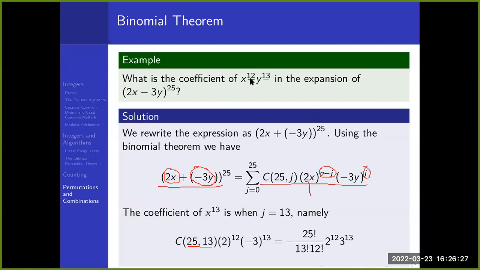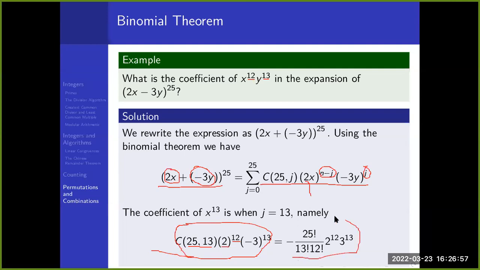Yeah, x is raised to 12, right? So it is 2 raised to 12, because this will be 25 minus 13, that will be 12, and then multiplied by the other coefficient, minus 3 raised to 13, because j is 13. So this gives you the complete coefficient of x raised to 12 multiplied by y raised to 13.